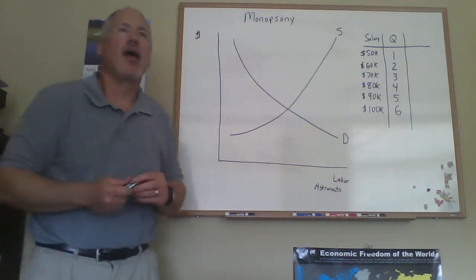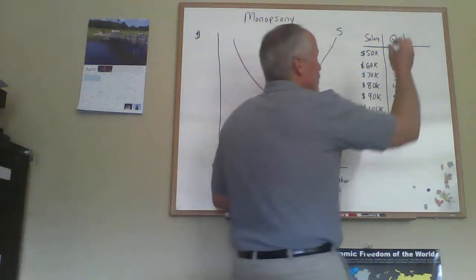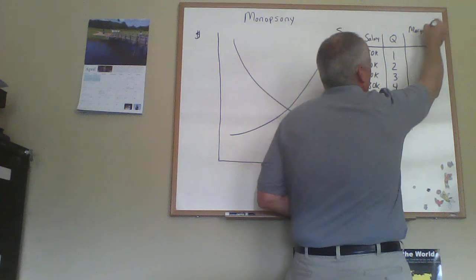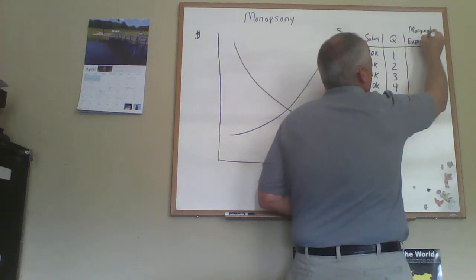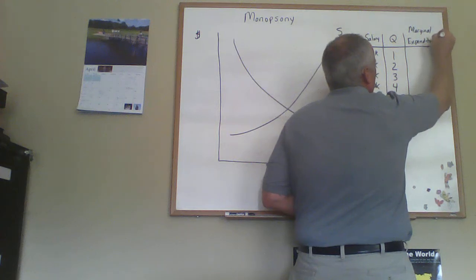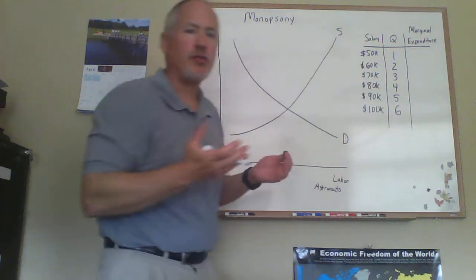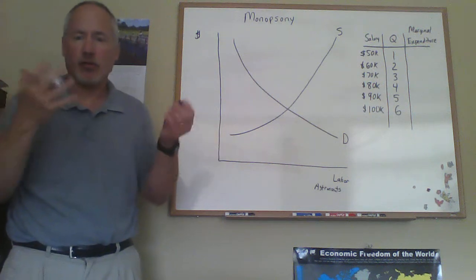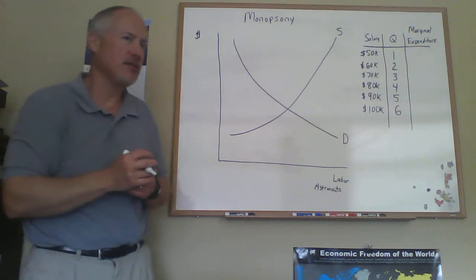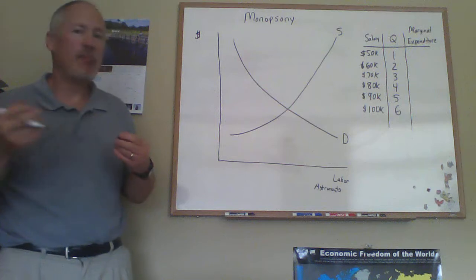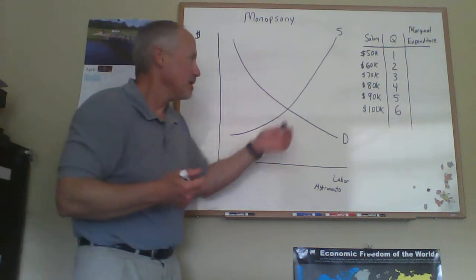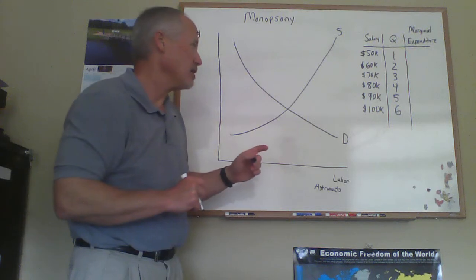Now, what we're going to do is add something in here that we're calling marginal expenditure. So if we ask what happens to the total wage bill, the total amount that our single buyer has to pay as they increase the salary, or as they try to hire additional workers.